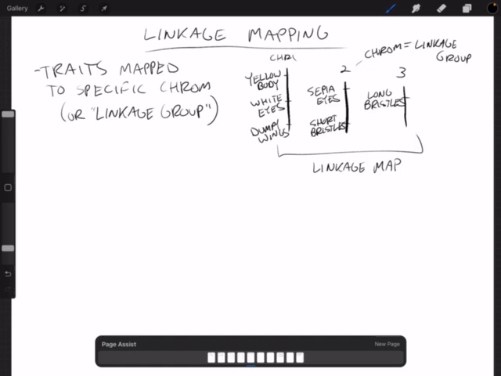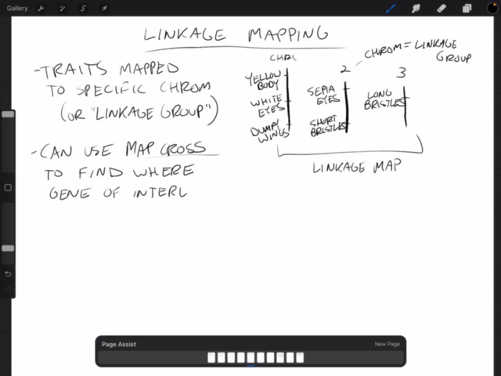You can use, therefore, something called a map cross to find where a gene of interest is located.